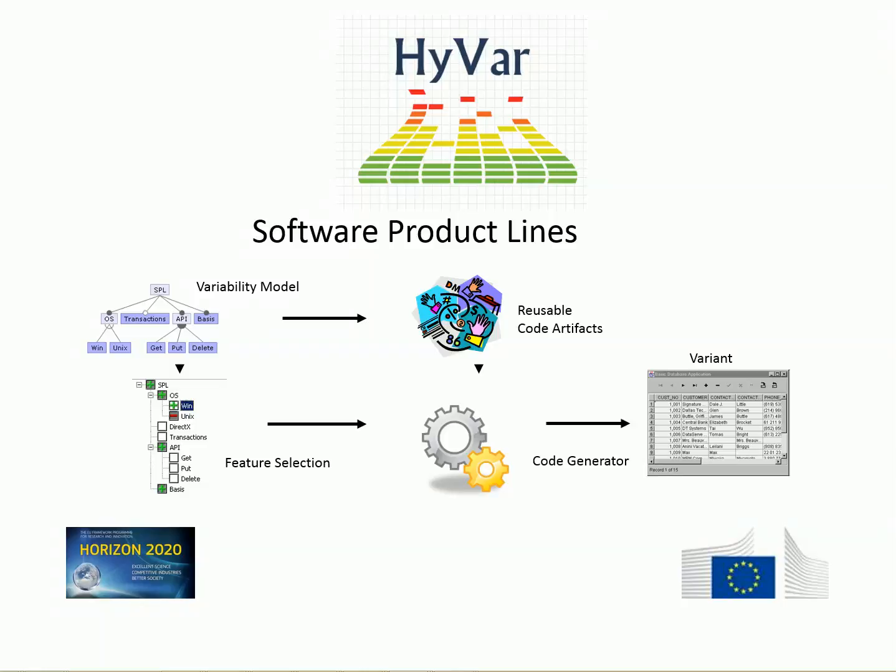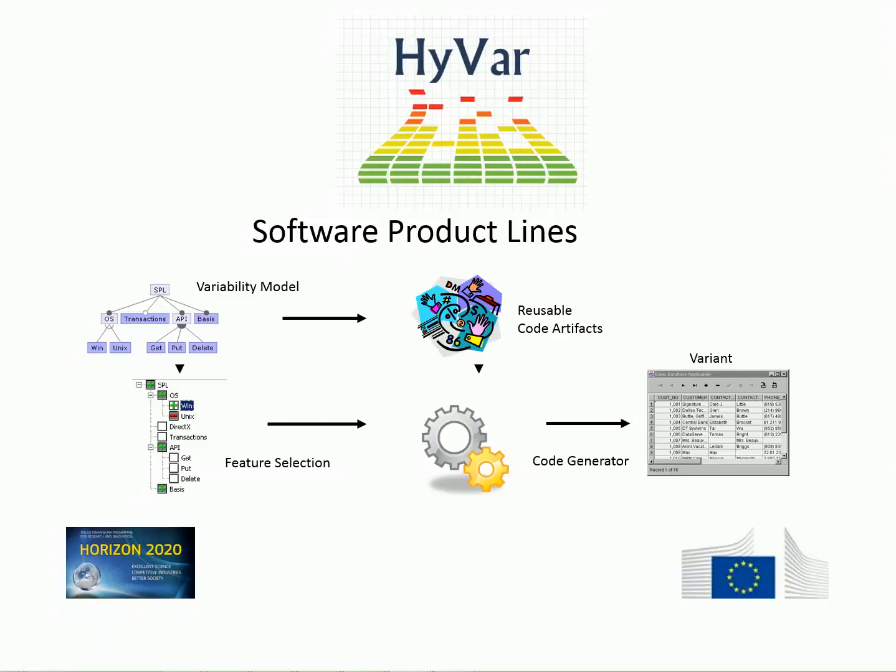The goal of software product lines, from the conceptual point of view, is to capture commonalities and variabilities of the systems and their relations. Reusable code artifacts are code components necessary to generate the different software systems, products, which can be shared between multiple variants.